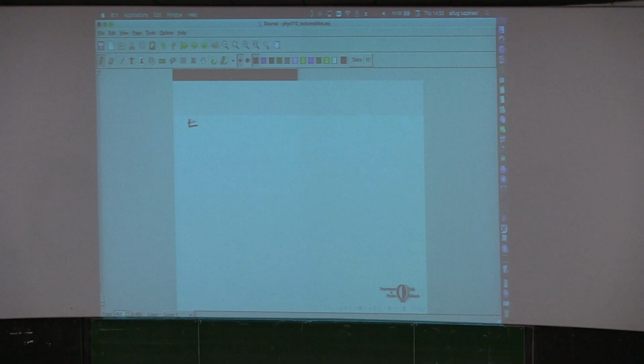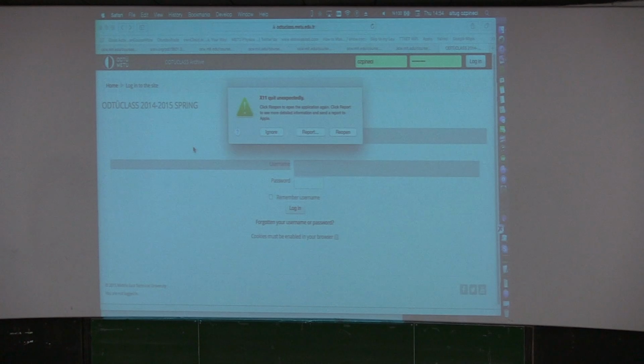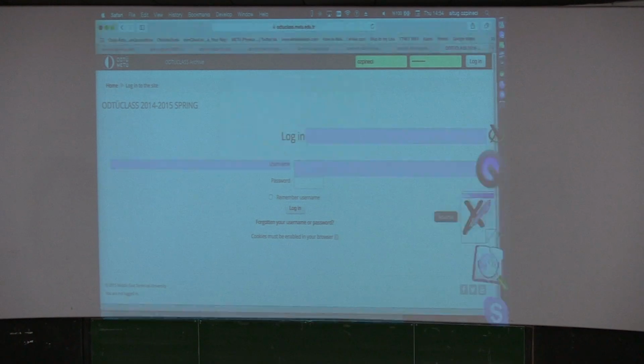Let's say that we have an electric field which is pointing in the x direction only. It has a magnitude, let's call it E0, and it has such a dependence. And then I have a magnetic field.